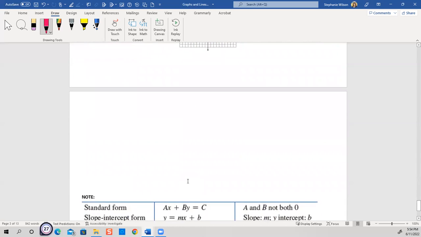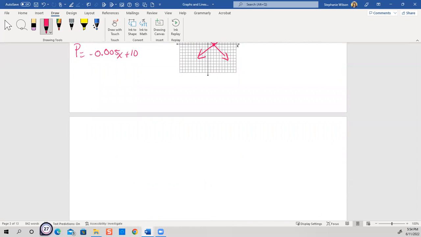Okay, so this next part, what I wanted to do is find the intersection. We're going to determine what it is. Well, what I'm going to do is take these two equations and set them equal to each other and solve for x. So when I do that, I'm going to add this to both sides because I want all x values on the same side.